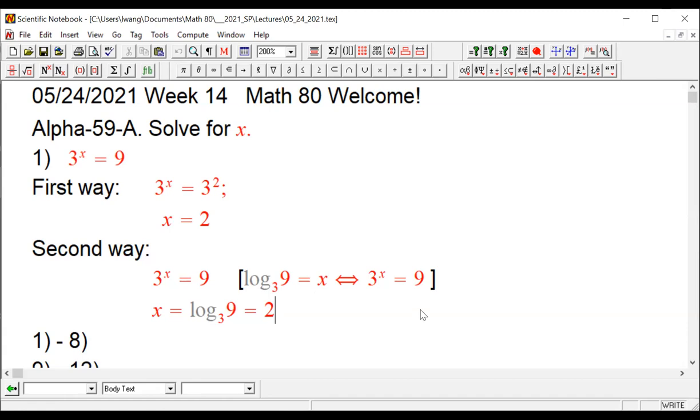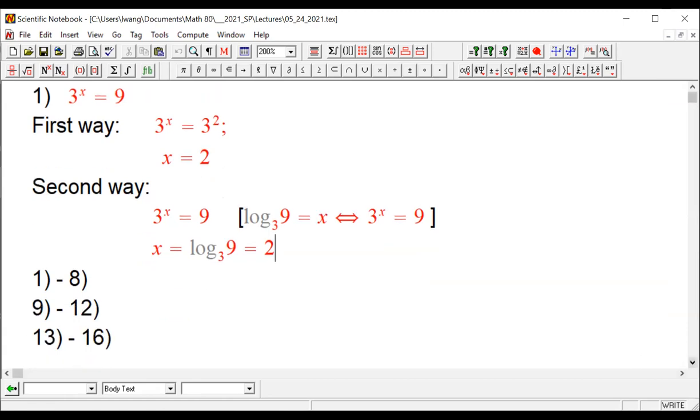Okay, so with these two ways, let's see if we can attack some of the questions from number 2 to number 8.